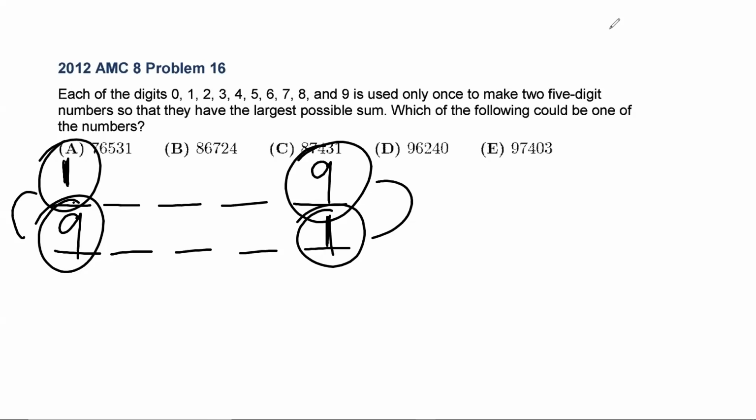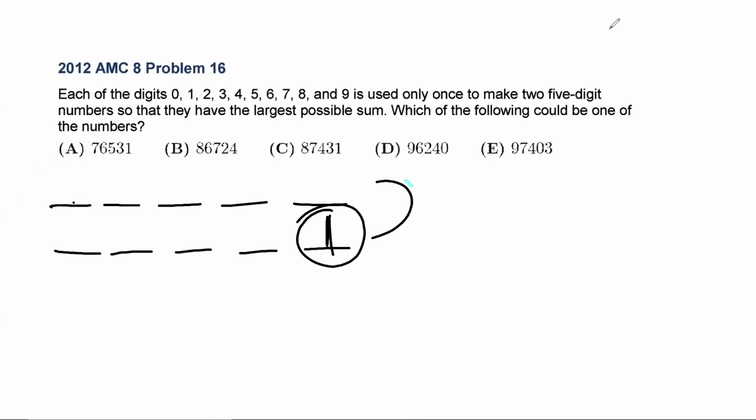So if you follow that principle, then you can immediately eliminate some answer choices because each of the 5-digit numbers, their digits have to go from biggest on the left to smallest on the right. So, for example, you can easily eliminate B because in B it jumps from 6 to 7.